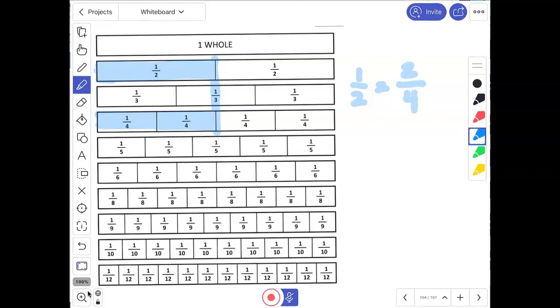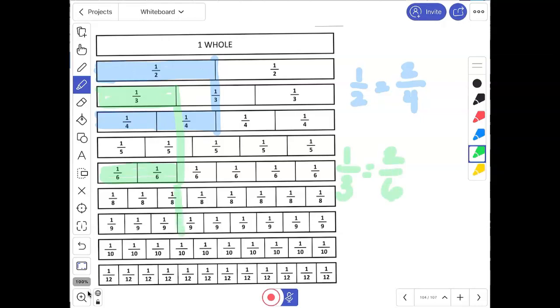Let's see, what other fractions can I find? How about 1/3? What's 1/3 lined up with? I'm going to just draw a straight line down. Well, it looks like it's equivalent to 2/6. See what else?